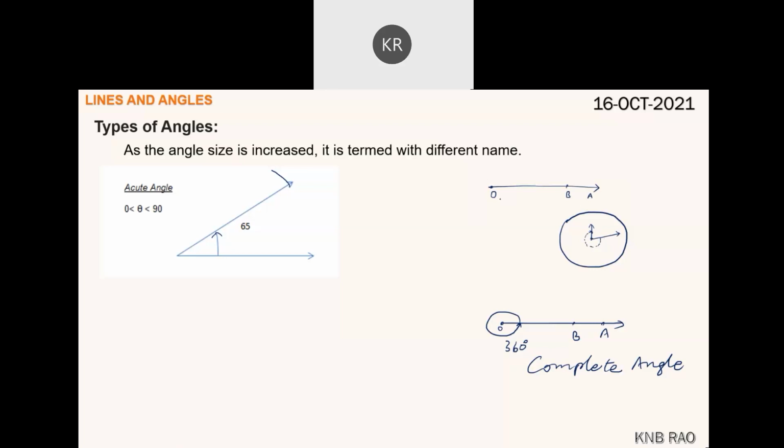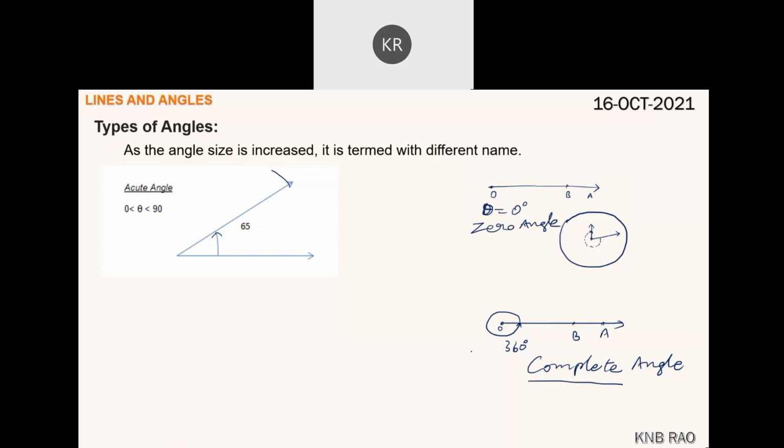We normally represent angle with theta. This is a Greek symbol theta. So if the angle is 0 degrees, it is called zero angle, and if it is completely rotated once, it is 360 degrees.